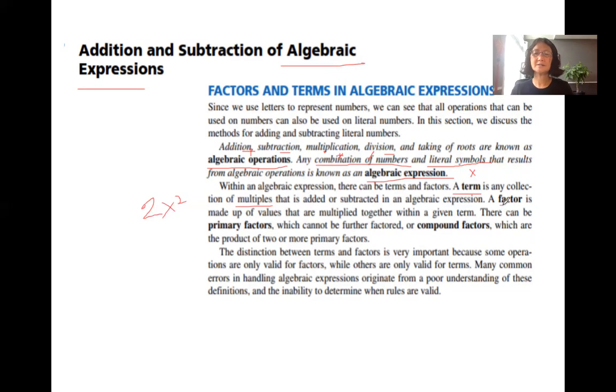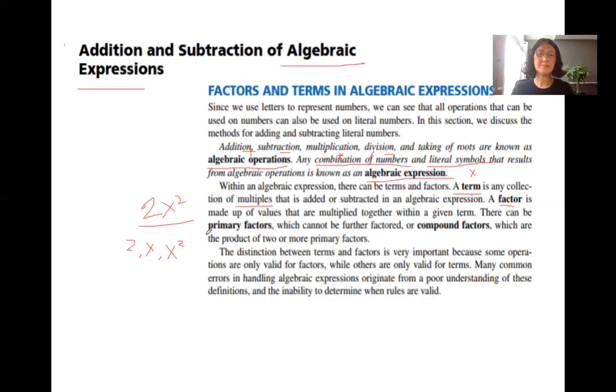A factor is made up of values that are multiplied together within a given term. For example, if you have 2 times x squared, what are the factors? 2 is a factor, x is a factor, x squared is a factor. So there are 3 factors in this algebraic expression.